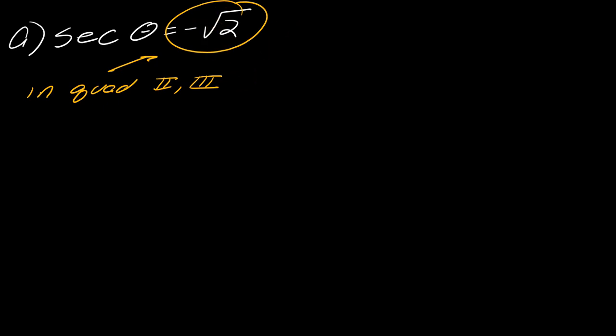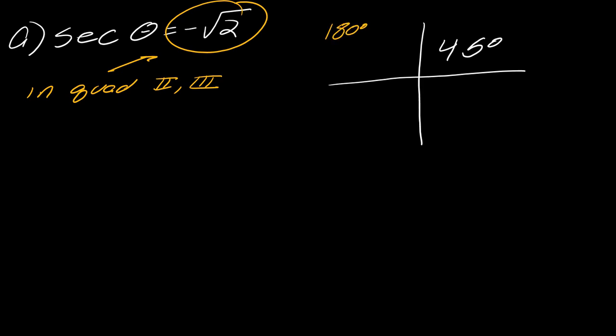Now we will draw a little reference. Here I have 45 degrees. Now I need to figure this out for quadrants 2 and 3. How do I end up with a 45 degree reference angle? You can reverse engineer this however you want. Normally you would do 180 minus that reference angle, so I can do 180 minus 45 degrees, which gives me 135 degrees.